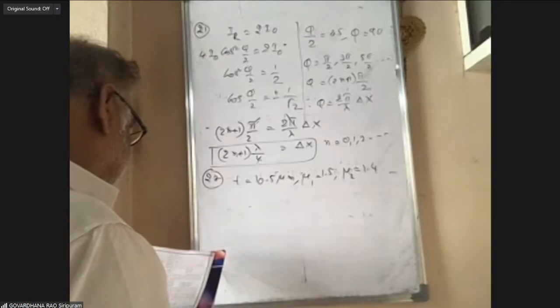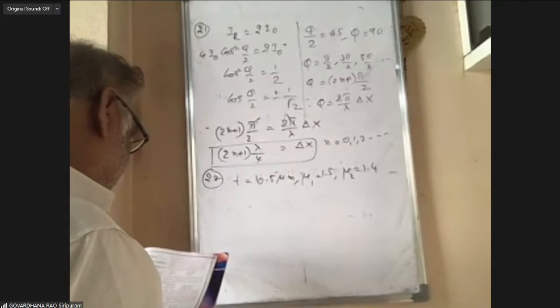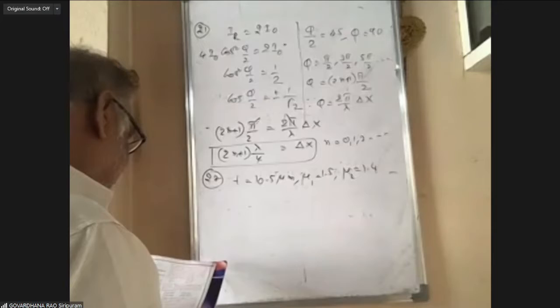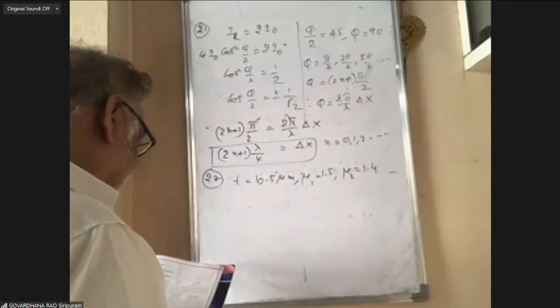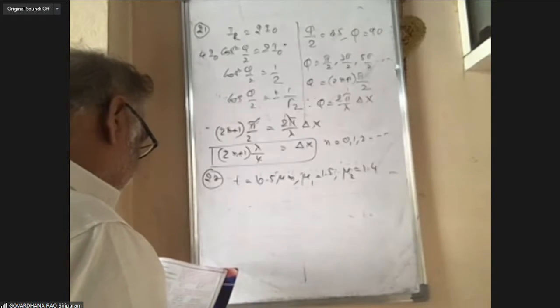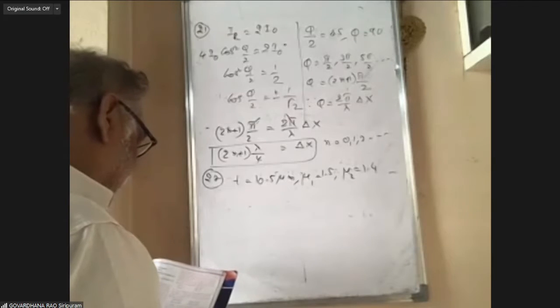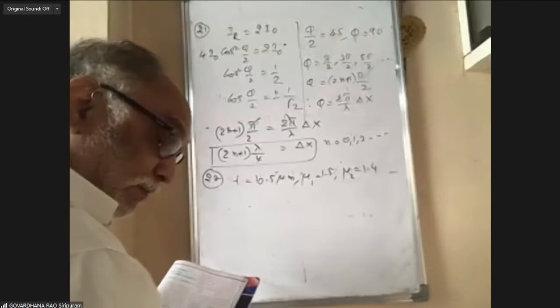White light of range 4000 to 7800 angstrom is used. Then which wavelength will form a minima exactly at the center of the screen?